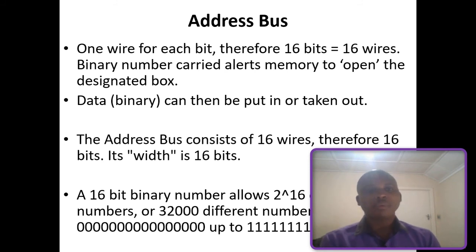So the binary number allows memory to open the designated box, and then data can be put in or taken out. The address bus consists of 16 wires, therefore 16 bits. Its width is 16 bits. A 16-bit binary number allows 2 to the power 16 different numbers.